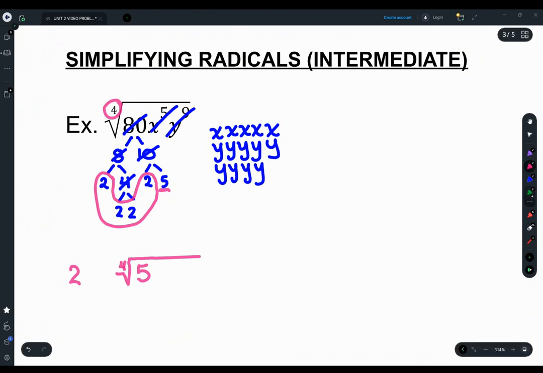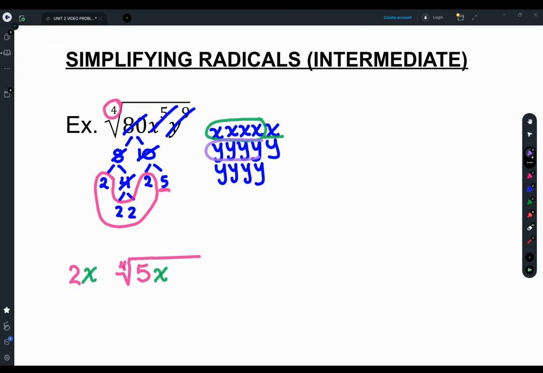Now, as we're looking at our letters or our variables, we're going to look at x, and we need 4 of them. So I have 4 x's. We can take an x out, and there's 1 x left, so it's going to stay underneath. Then our last little piece we're going to look at is our y's, and we have 9 of them. So we're looking for a group of 4 y's.